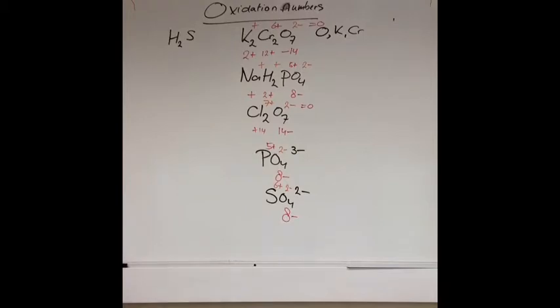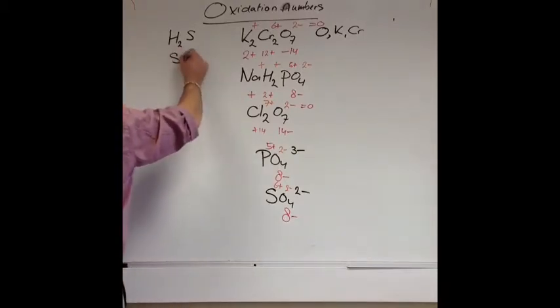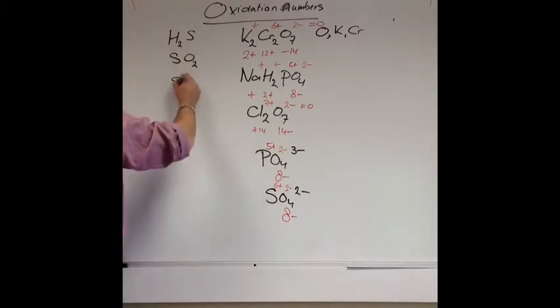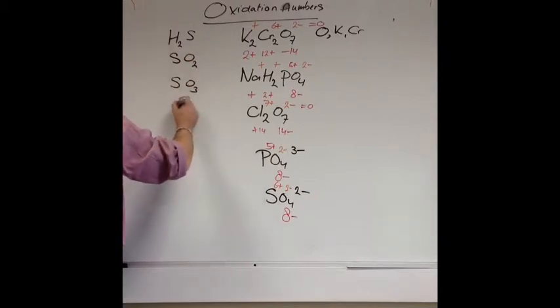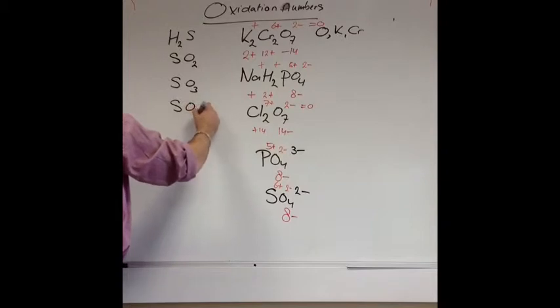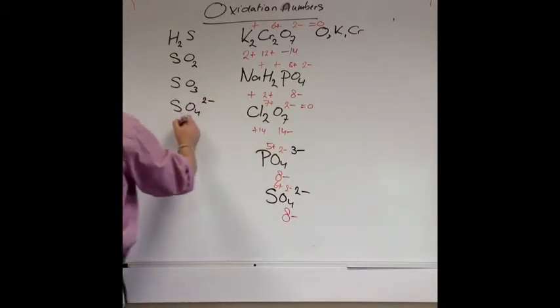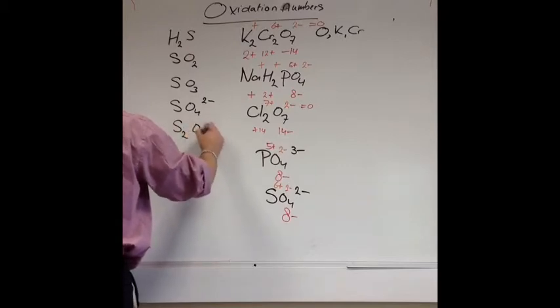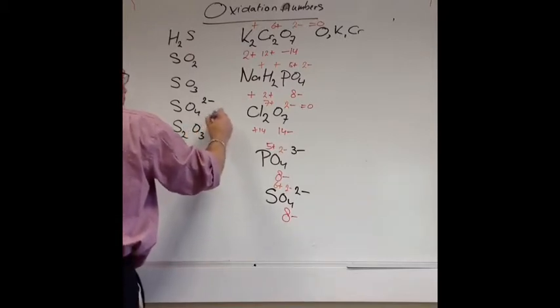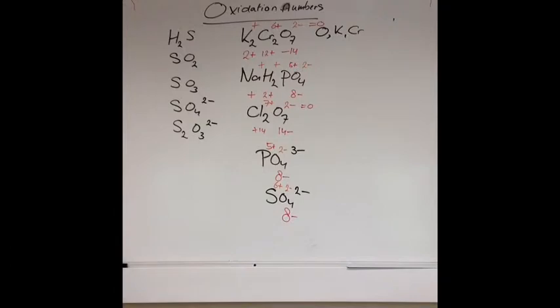H2S, the smell of rotten eggs. You can have SO2. You can have SO3. You can have SO4 2 minus. You can have S2O3 2 minus. Stick to the rules.